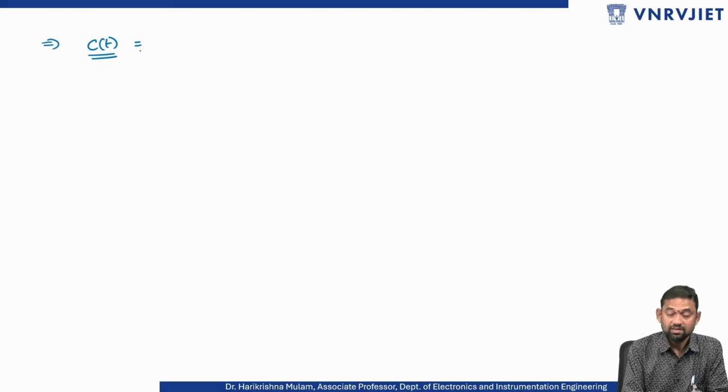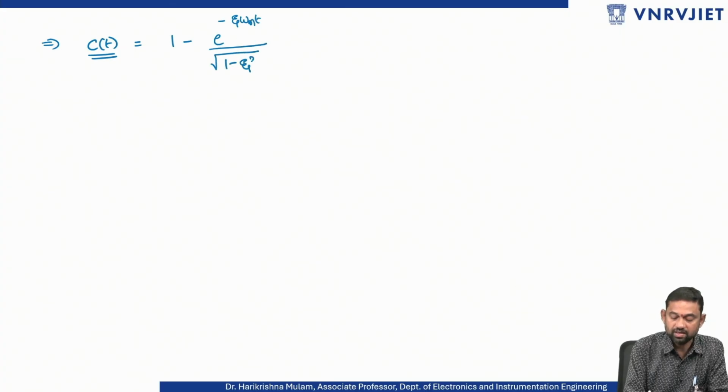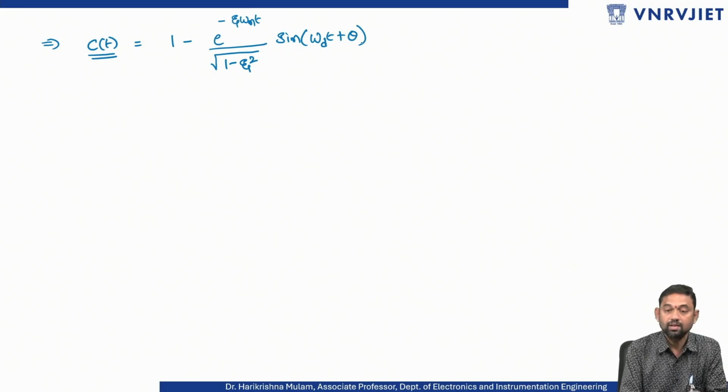Therefore, the expression for the response of an underdamped second order system when the input is a unit step is given by the formula 1 minus e power minus zeta omega n t by square root of 1 minus zeta square into sine of (omega d t plus theta). So this is the expression for the response of a second order underdamped system for a unit step input.